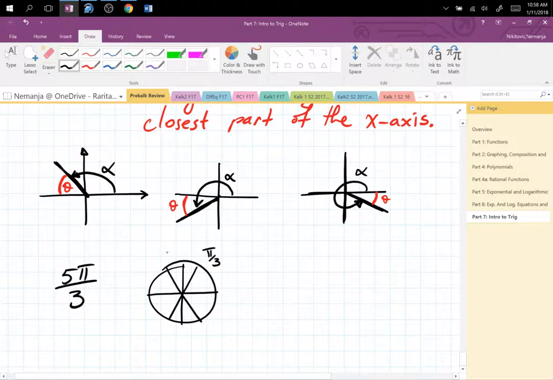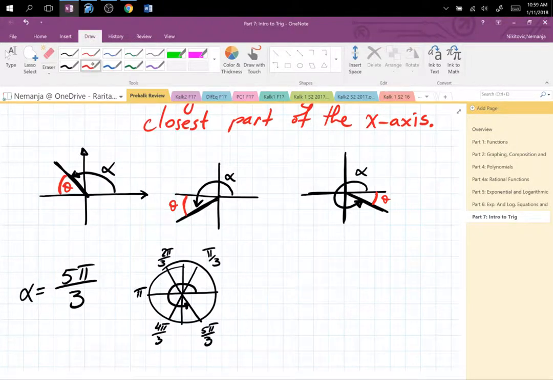So this is pi over 3, 2 pi over 3, 3 pi over 3, 4 pi over 3, and 5 pi over 3. So the angle alpha that is given to us is 5 pi over 3, which is the black angle here. It's all the way around the circle, and then waits there, 5 pi over 3.